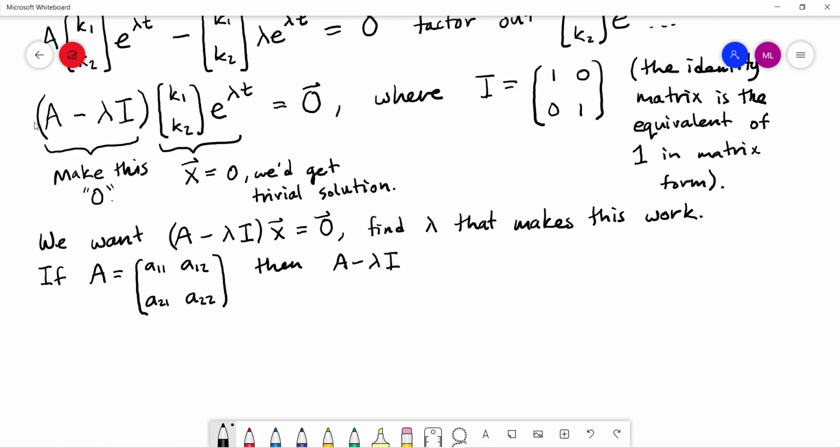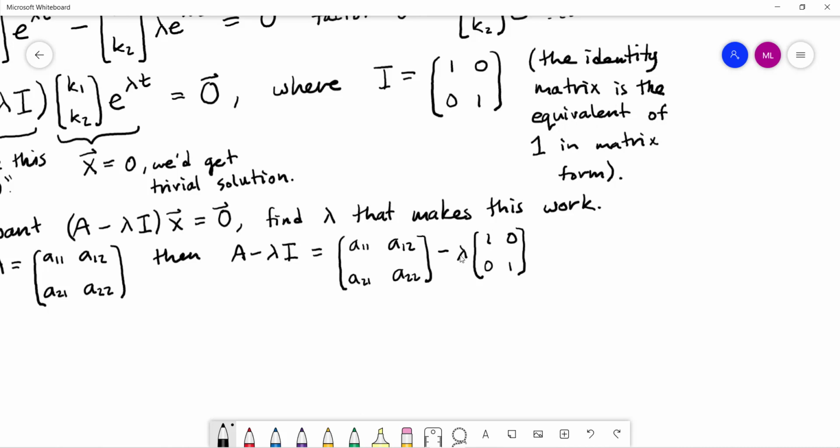And if I were to subtract that result from A, what it means is effectively I'm subtracting lambda from A, but only along the diagonals. Everywhere else, I'm just subtracting 0. So we don't even need to bother to write that. So A minus lambda I is basically taking A11, A12, A21, A22, and subtracting lambda times 1, 0, 0, 1.